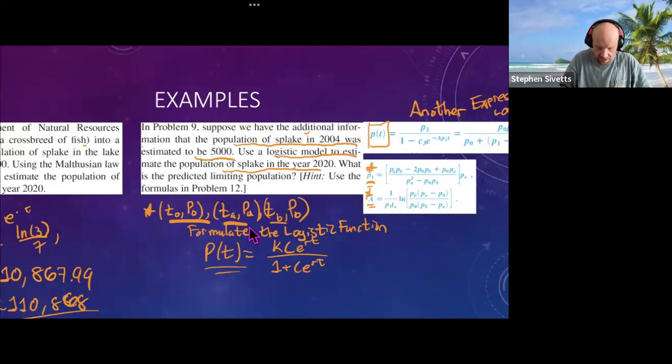Okay, T0, P0, that's pretty straightforward, right? So you're going to use that to solve for the C constant. C was P0 minus K over P0, right? We already know that. But the hard part is solving for the carrying capacity and the growth rate.